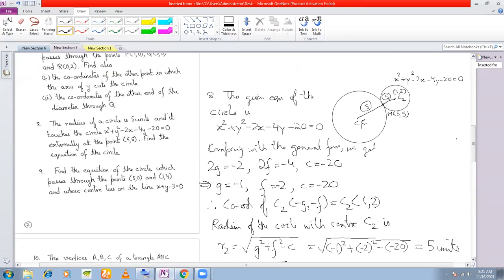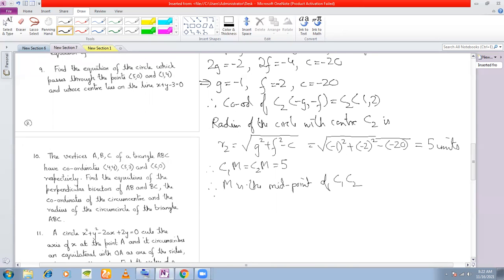That means we can find the coordinates of the center of the circle C1 because M is the midpoint, right? So I say let (h, k) be the coordinates of the center C1.